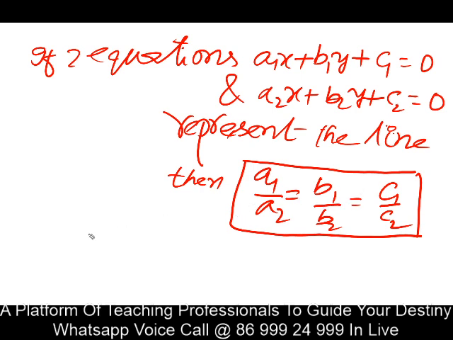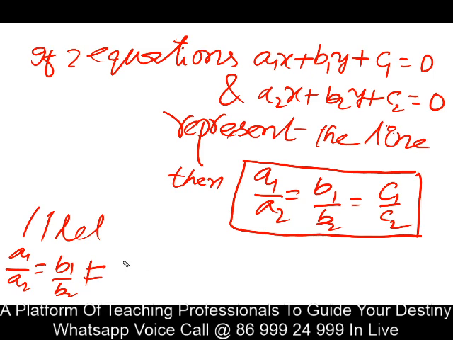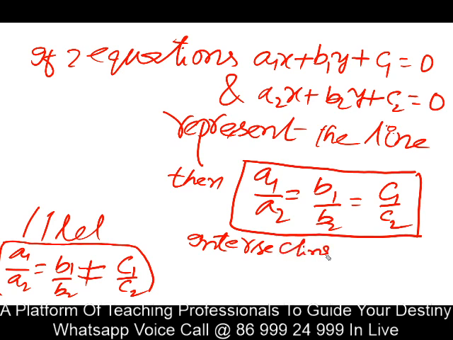If they are parallel, the parallel condition is A1 by A2 is equal to B1 by B2 is not equal to C1 by C2. Condition for parallelism. If they are intersecting, then very simple, A1 by A2 not equal to B1 by B2.